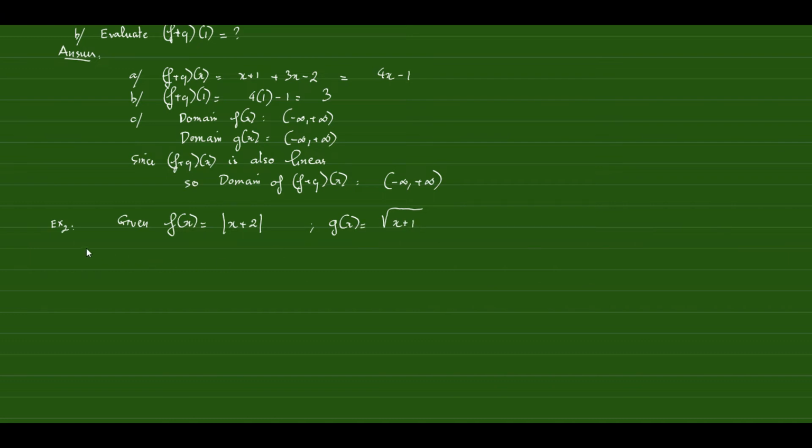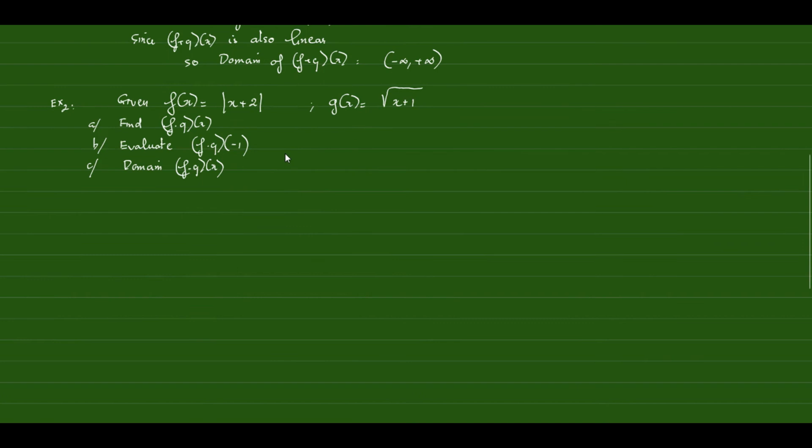Now I'm asking you the same thing, but in this case I'm asking you to find f times g, the product, and I ask you to evaluate at -1. Then finally, I ask you to find the domain of f times g of x, because this is a new function. You have a function, you multiply by another function, which gives you a new function. Okay, so let's see how we do this.